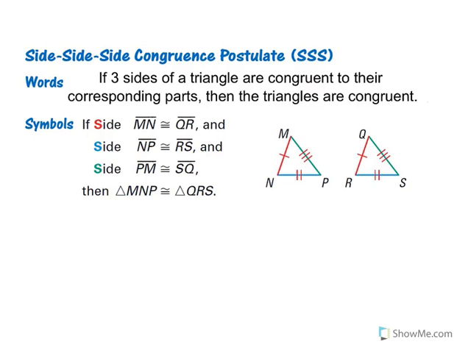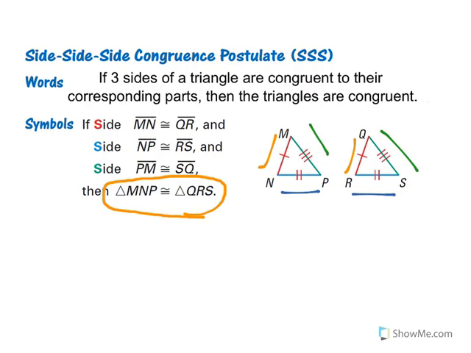In this picture, we have MN congruent to QR, NP congruent to RS, and MP congruent to QS. Since we have 3 sets of sides that are congruent, we know that triangle MNP is congruent to triangle QRS.